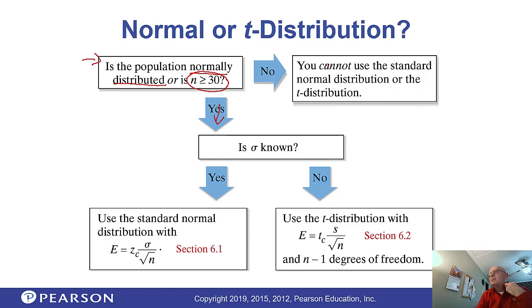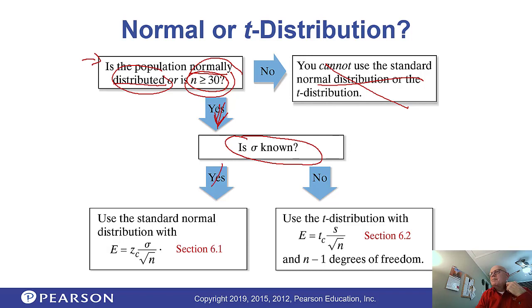If you don't, there's nothing you could find out. You can't get a confidence interval. But if either of these is satisfied, we go down this path, and the next thing we check is sigma known? Is the population standard deviation known? Maybe from historical information.